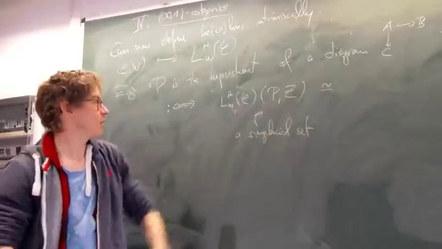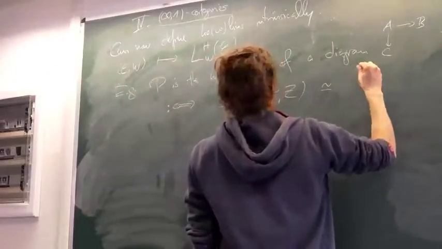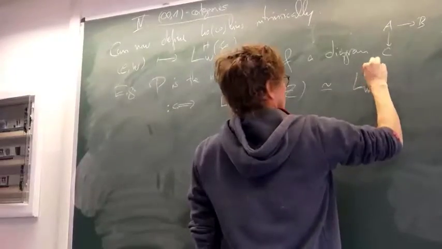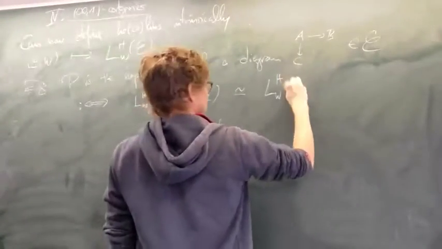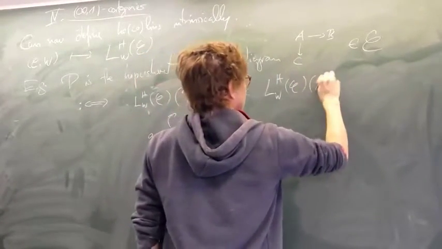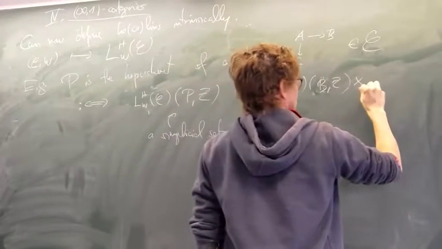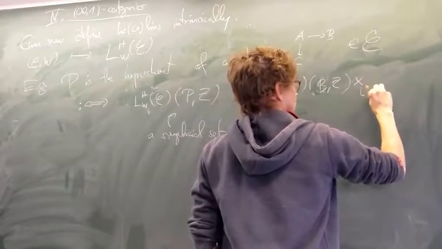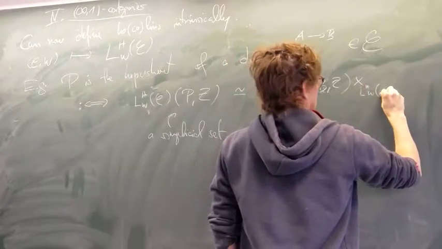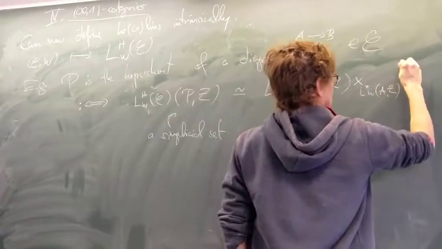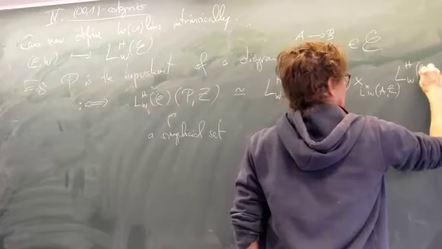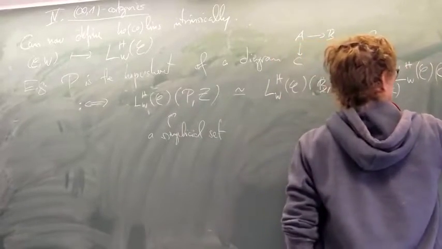And we can demand that this is the homotopy pullback of B over AZ with EZ.